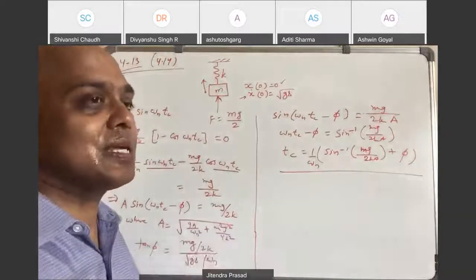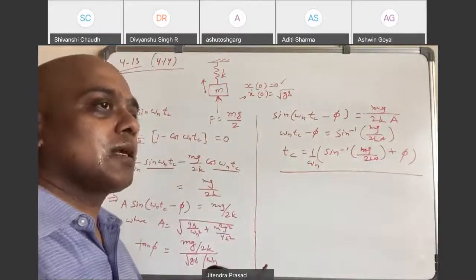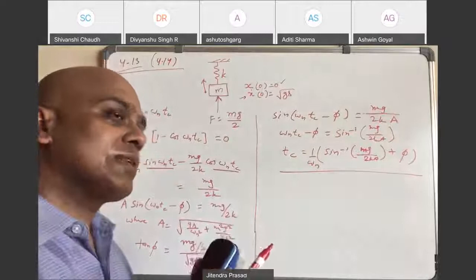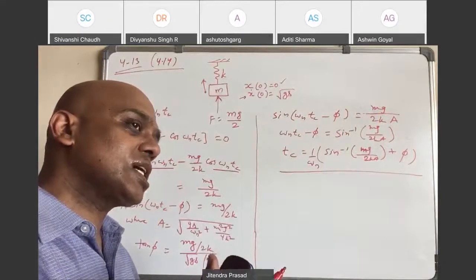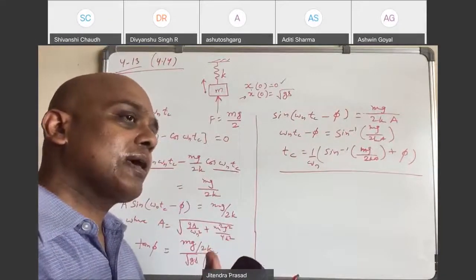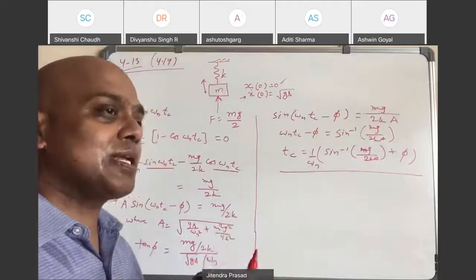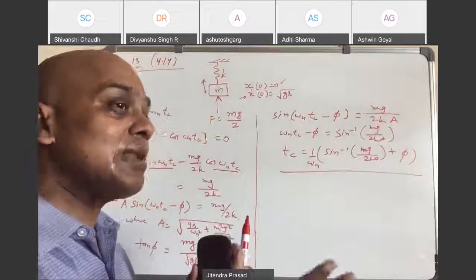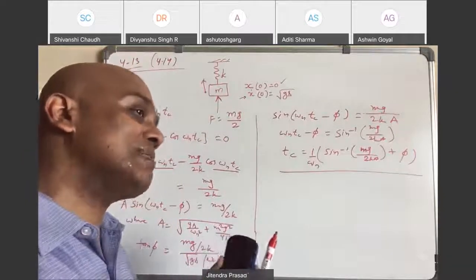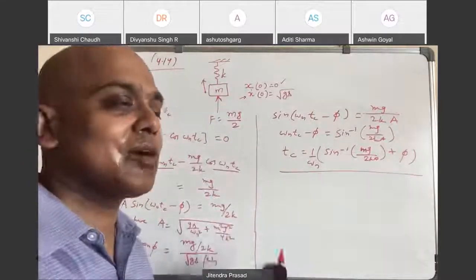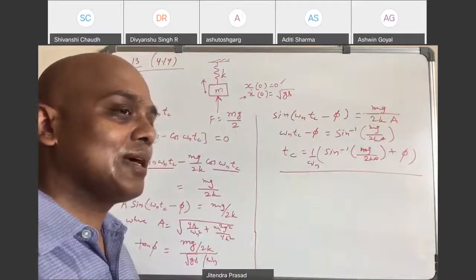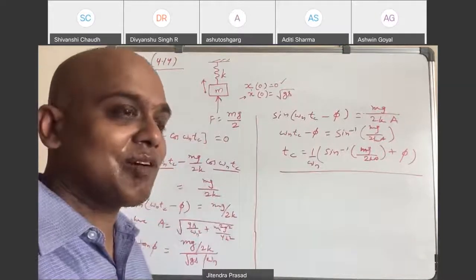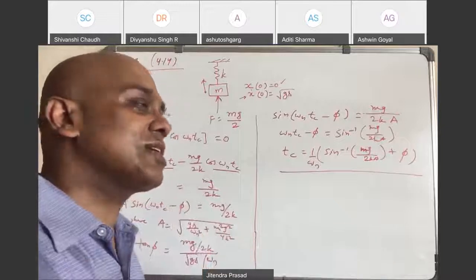So what we have seen here is, if some problem is given which is not a vibration problem, meaning that the spring is not attached, for example, then you have to get into that condition where a spring is attached. Attached means it's in contact. And from there, the vibration problem starts. From there, you have to start the velocity or displacement.